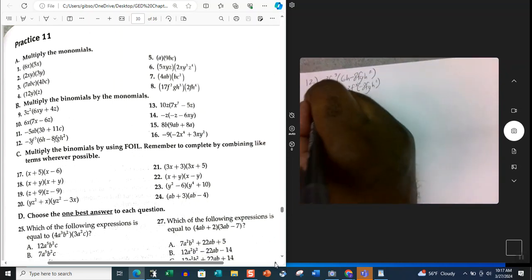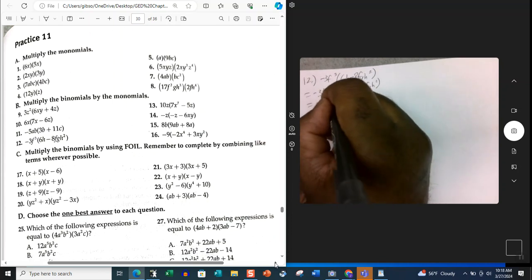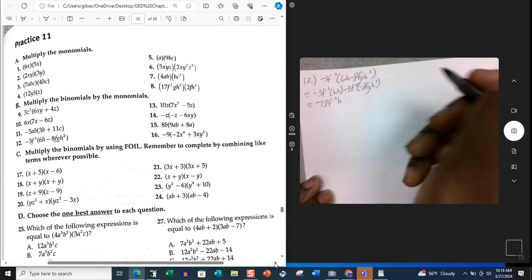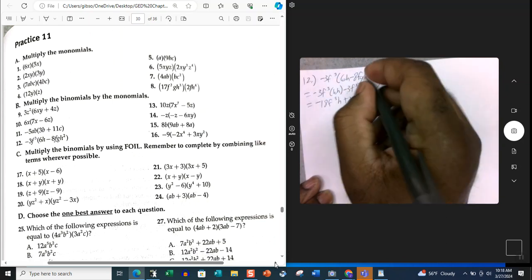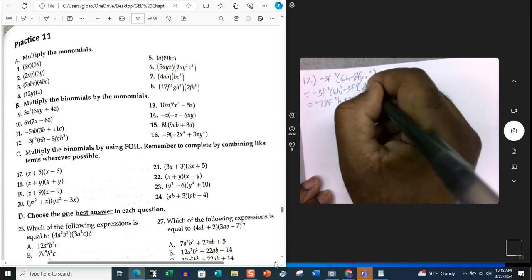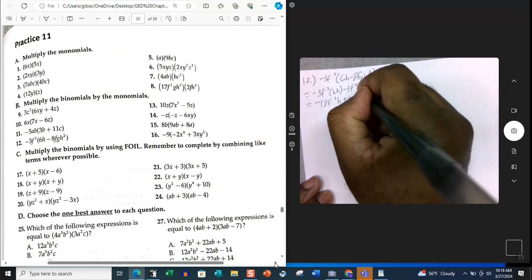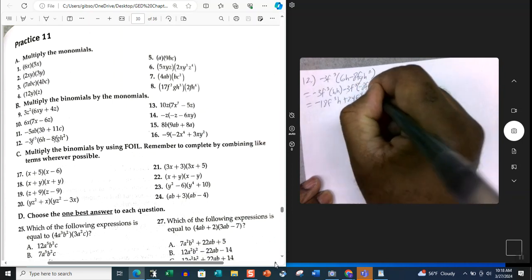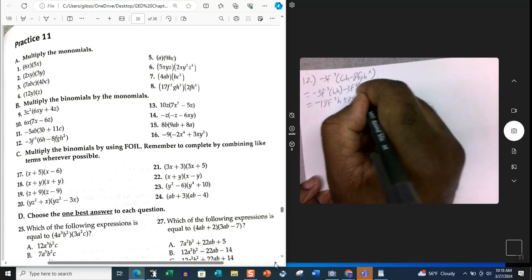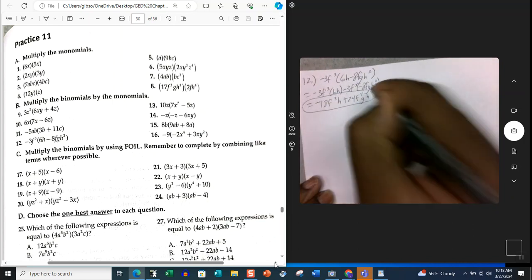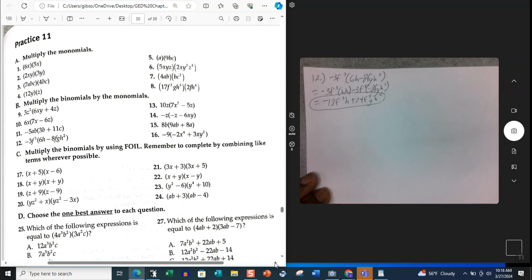Negative 3 times 6 is negative 18, and that'll be f cubed h. Negative 3 times negative 8 is a positive 24. Then f cubed times f is f to the 4th, gh squared. And there's nothing more we could do with this. So that would be your final answer for number 12.